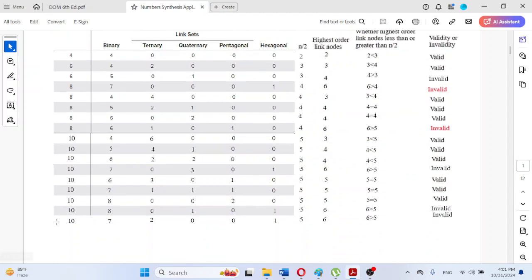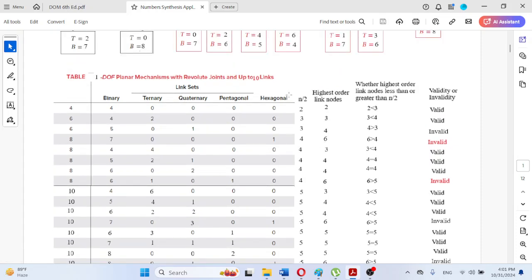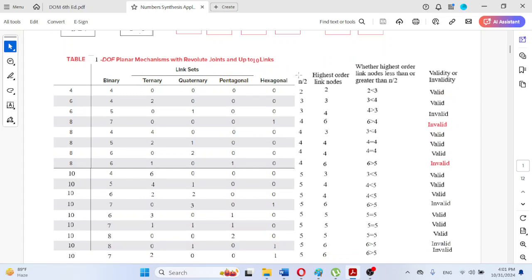So these 9 sets, 1 2 3 4 5 6 7 8 9, have been registered here. In this way, and here we can observe I have added one last column which is n by 2.